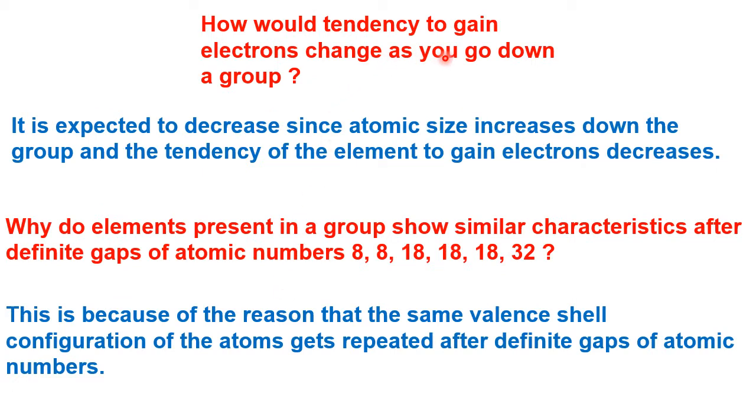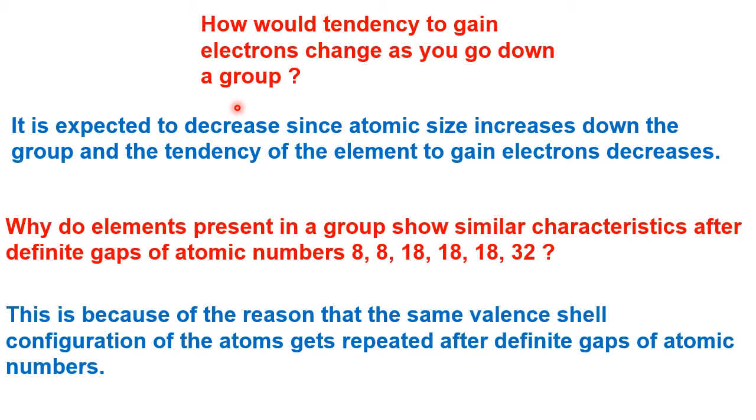How would the tendency to gain electrons change as you go down the group? See, when you move from top to bottom in a group, what happens? Size becomes more. When the size becomes more, the electron goes far away from the nucleus. So that last electron will not have that much control by the nucleus, and it can be easily removed.